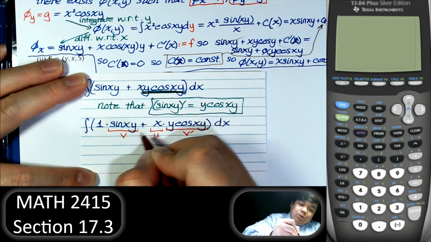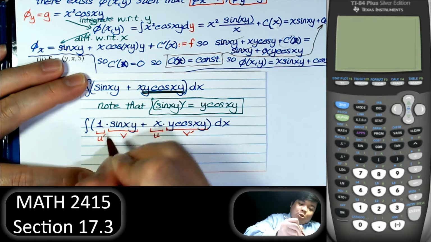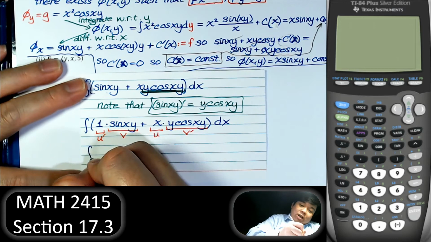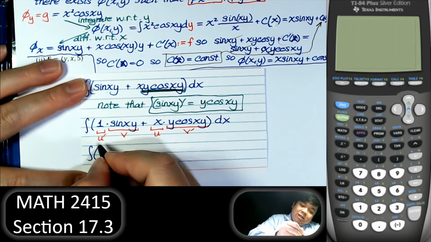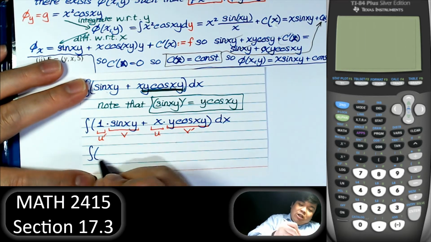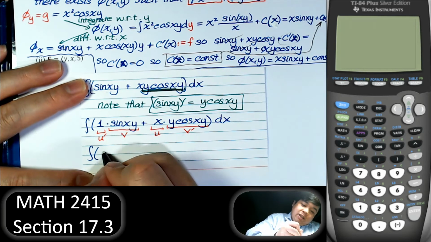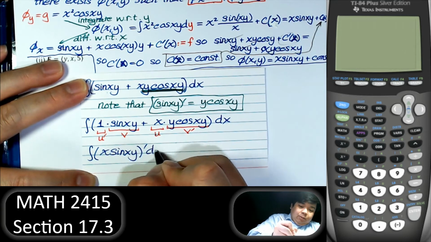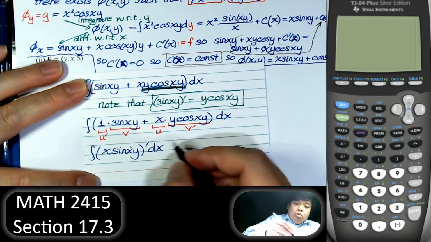If this is u, this is u prime. So it is a product rule. Usually if we integrate a product, this is going to be just u times v, since the integral undoes the derivative.